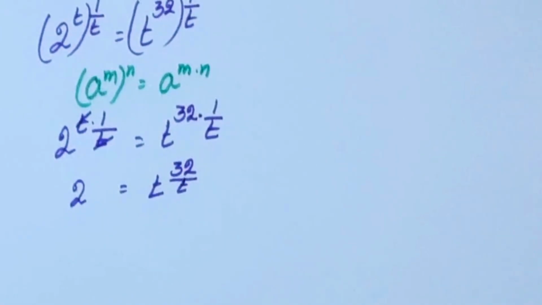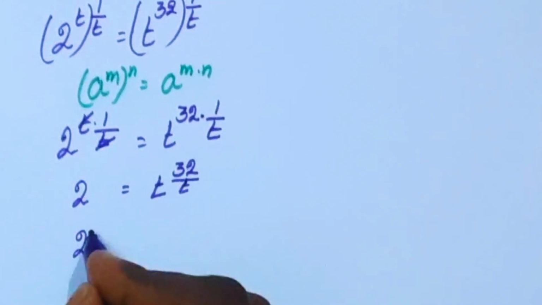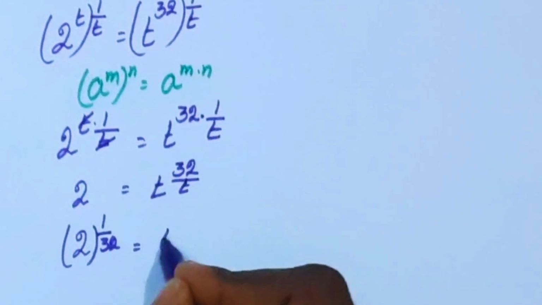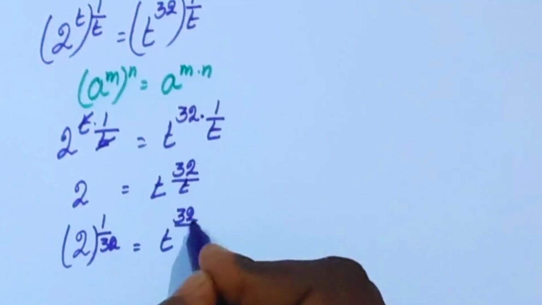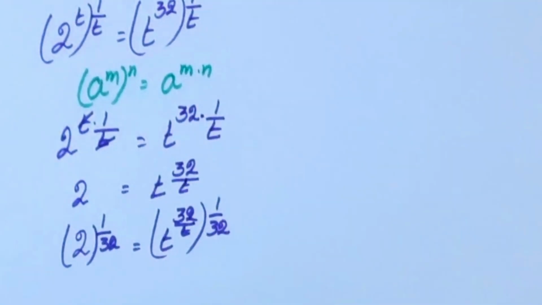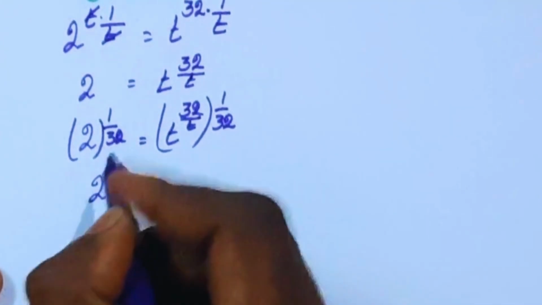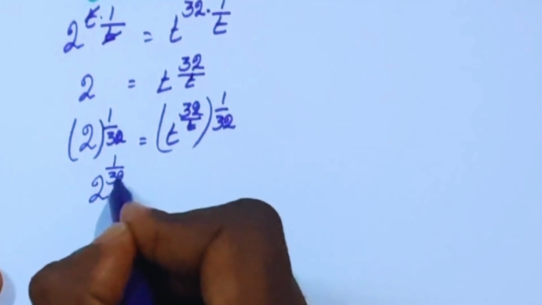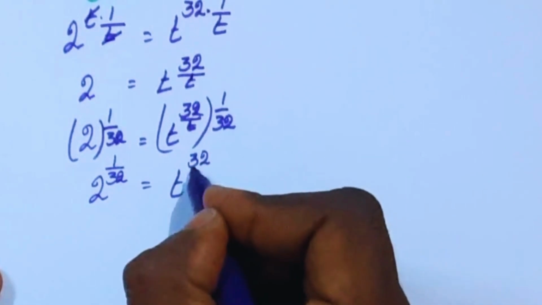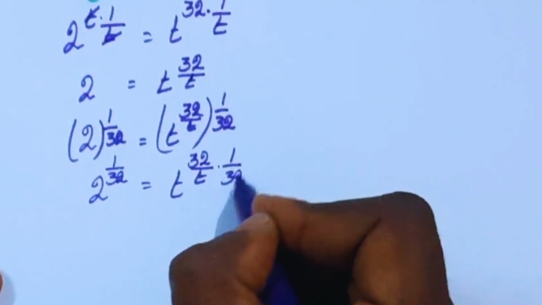Now we are going to raise both sides to the power 1 by 32, so 2 power 1 by 32 equals (t power 32 by t) whole power 1 by 32. Now we apply that exponent identity, so 2 power 1 by 32 equals t power 32 by t times 1 by 32.